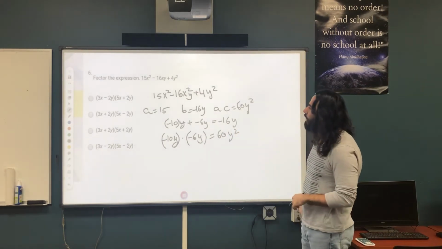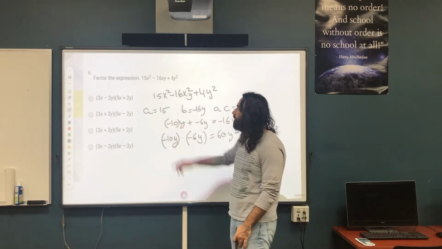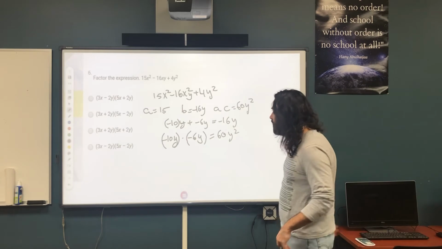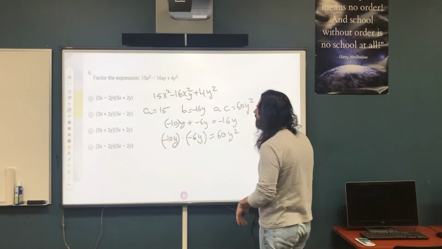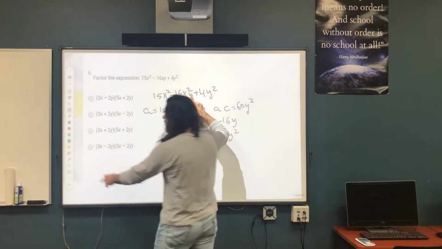That's it. Of course, in this case, it's going to be the long way because a is not equal to 1. But now you know that it's negative 10y and negative 6y. So, let's go and do it.